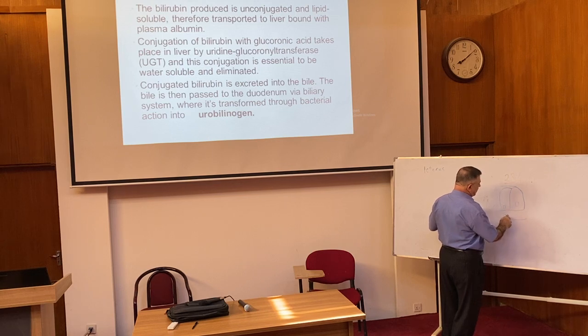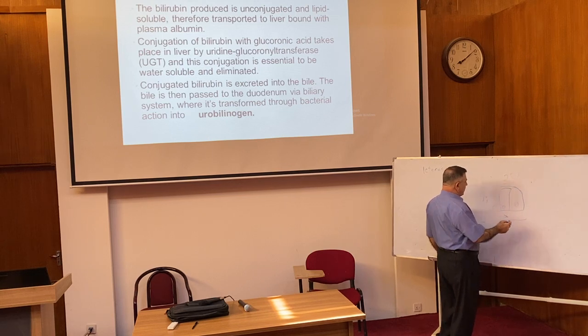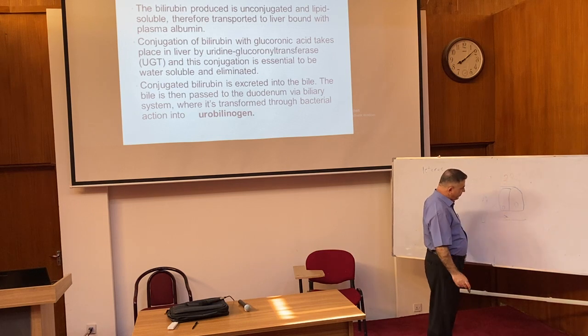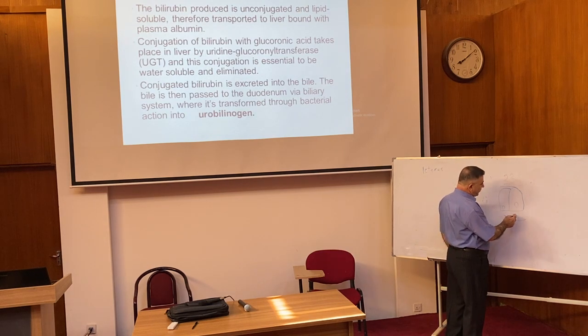Here in the blood, this structure of the liver is called hepatic sinusoid, in which the bilirubin comes.